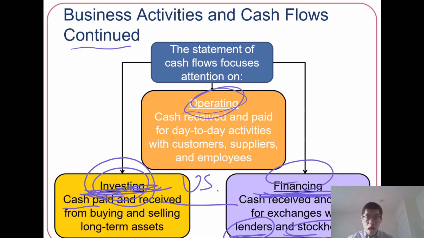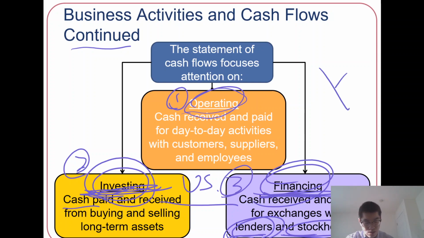And financing activities is where a company running out of cash or resources is going to ask investors, stockholders, or owners, whatever you call them, and the lenders to supply more cash. All right. So those are the general 3 activities, and we're going to break down our statement of cash flows by these 3 different activities. This is very, very important.